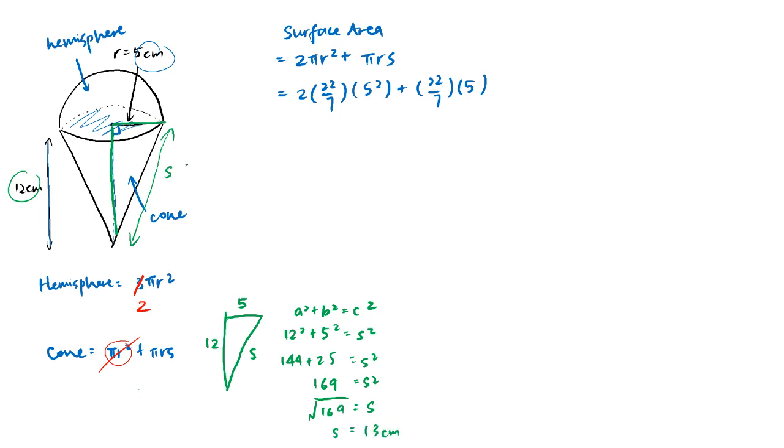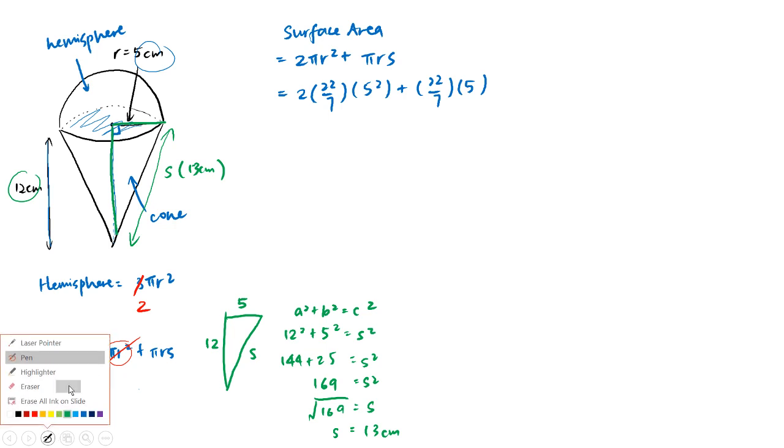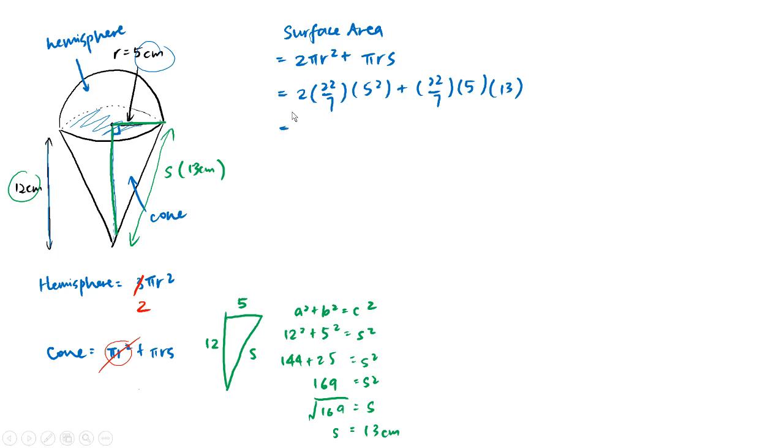Okay, so now you know that your slant height here is 13 cm. Okay, 把它 sub 进去。Pi r s, s is 13. Okay, 现在我们用 calculator 把它算出来。2 times 22 over 7 times 5 square equals to 157 and 1 over 7.